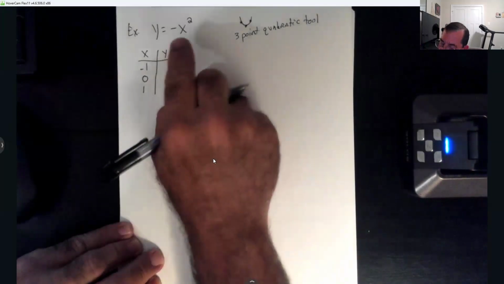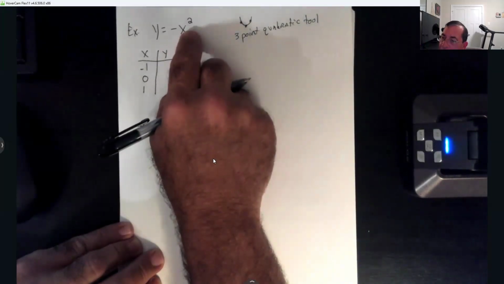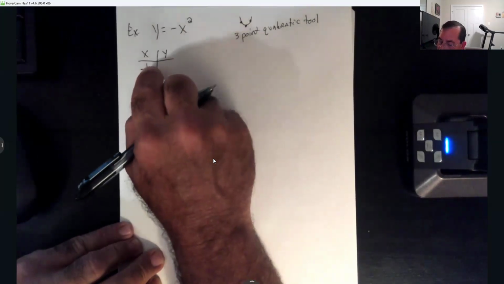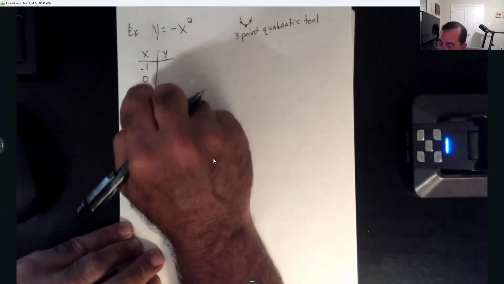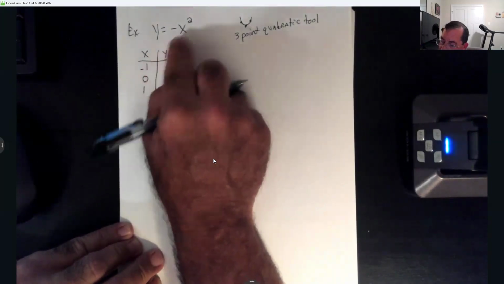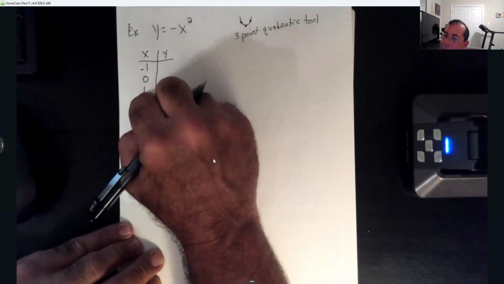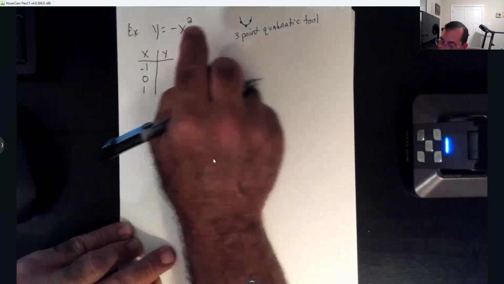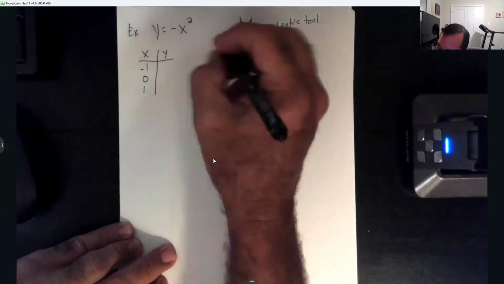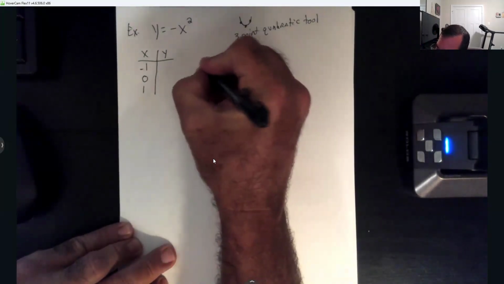Now, here's something I want you to realize on an x squared graph. In this section, whatever answer I get at -1 will be the same answer I get at a +1, because -1 squared is the same thing as a +1 squared. But y'all, what messes people up is that little extra negative here. So let me plug in a -1 first.